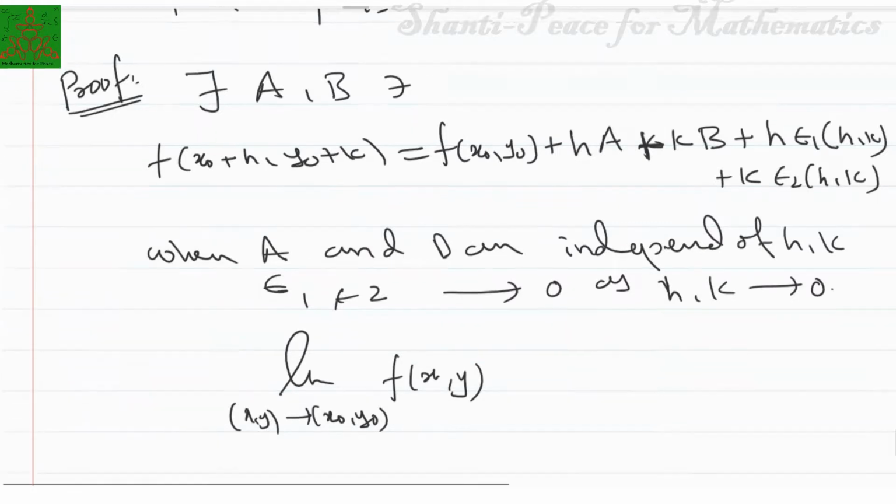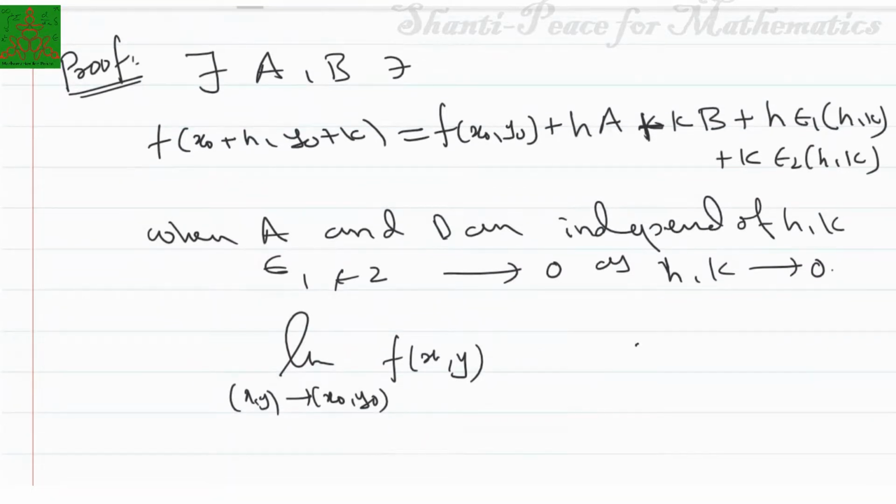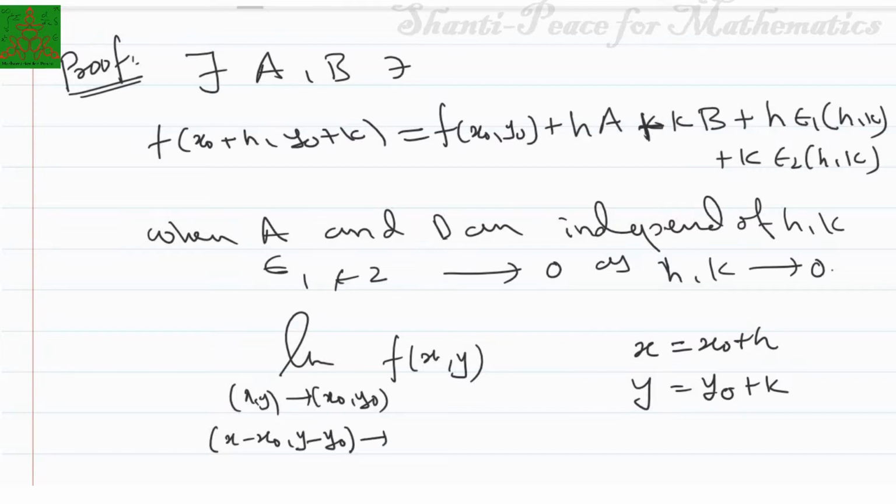Now in this limit I am just replacing x equal to x0 plus h and y equal to y0 plus k. Whenever x is there I am replacing it with x0 plus h. So x minus x0, y minus y0 will tend to 0 0. Can I write in this manner? I can write this quantity this way because it's the same thing.